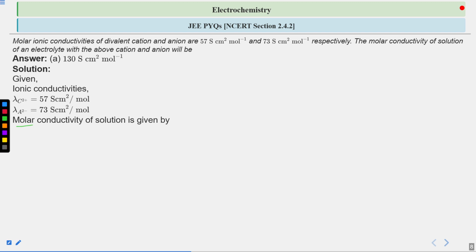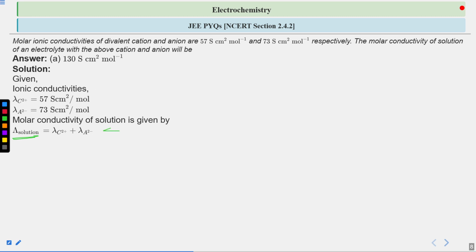Now, the molar conductivity of the solution of the electrolyte, which is made by these two, cation and anion, is given by the sum of the ionic conductivities of the particular ions present in the solution.